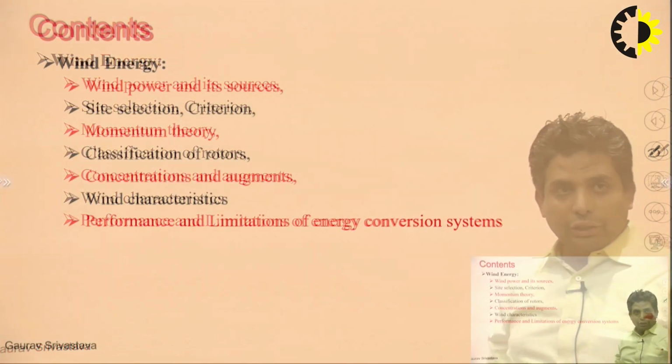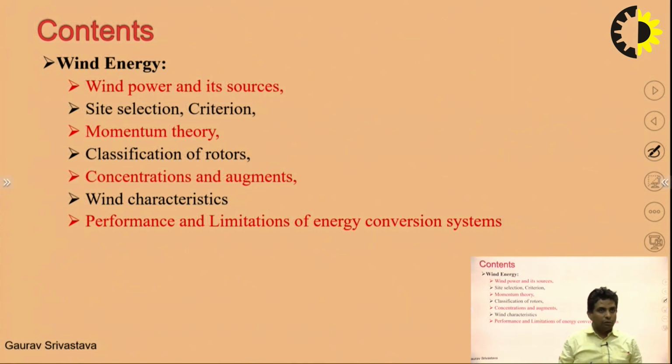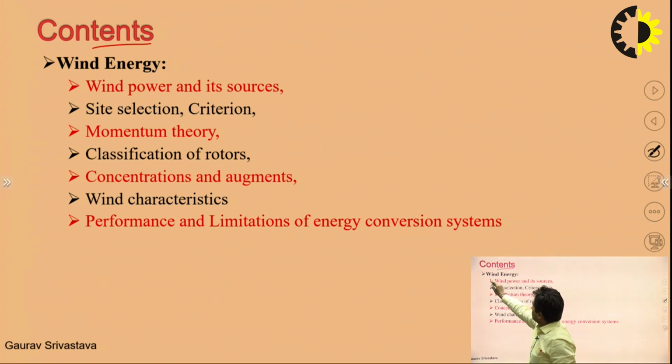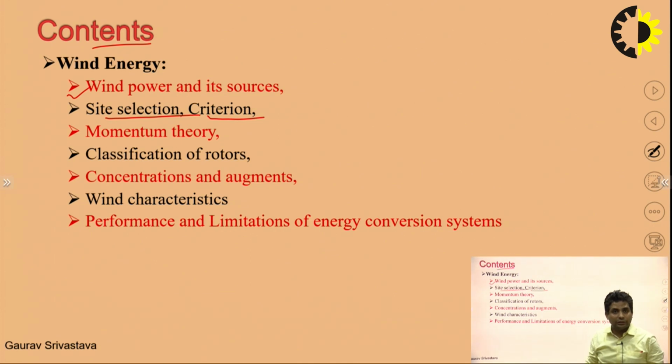Like what is wind energy, wind power, how it is measured, the different sources, applications, then site selection. We have discussed wind power and site selection, and the criteria for site selection is again important for any energy plant development.